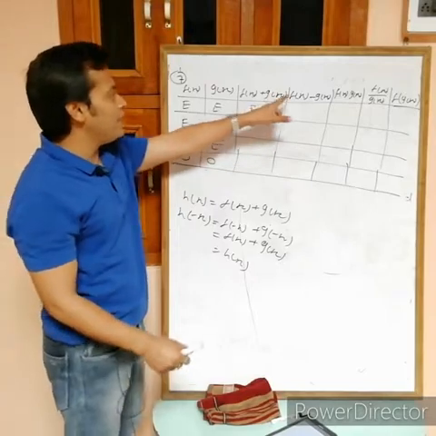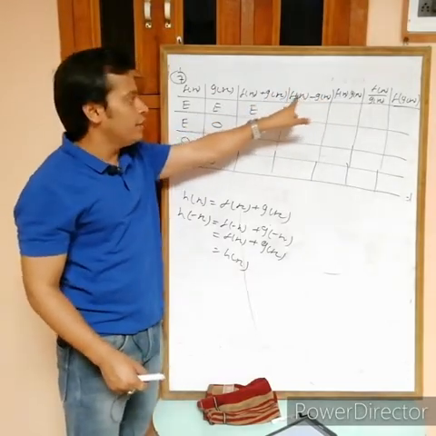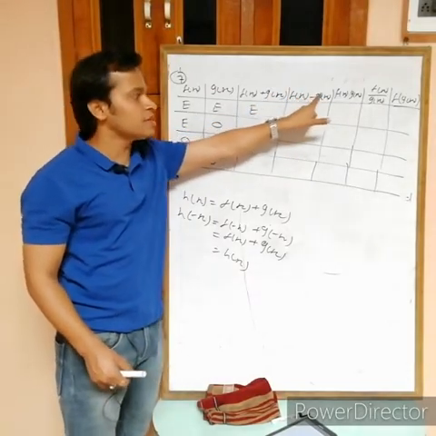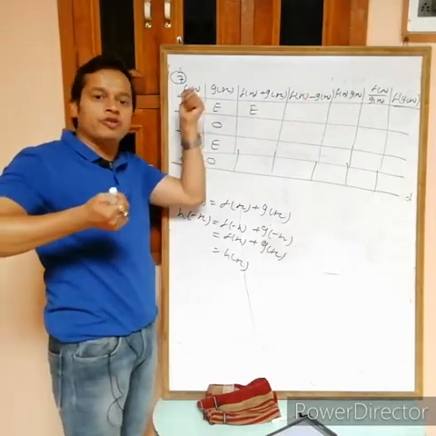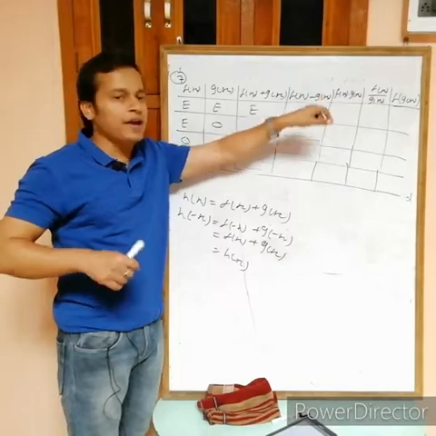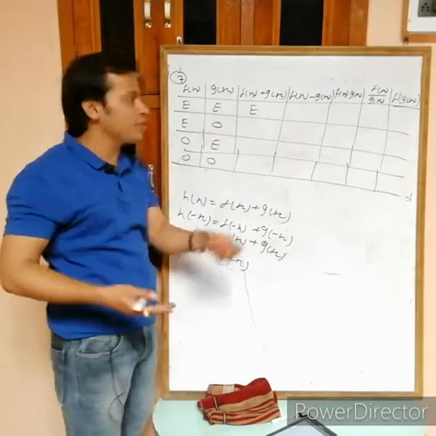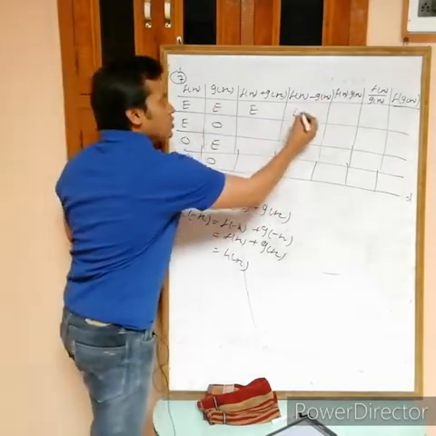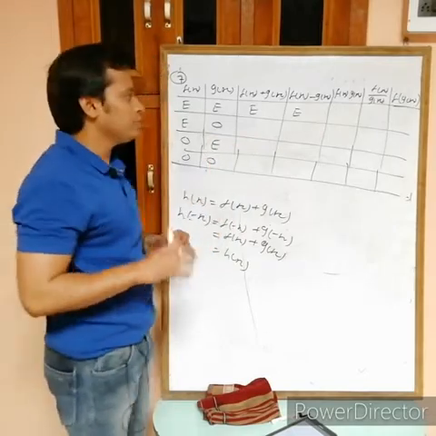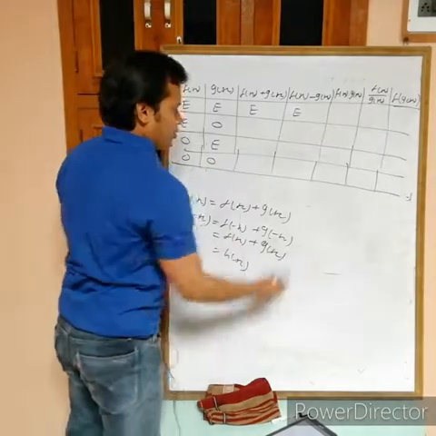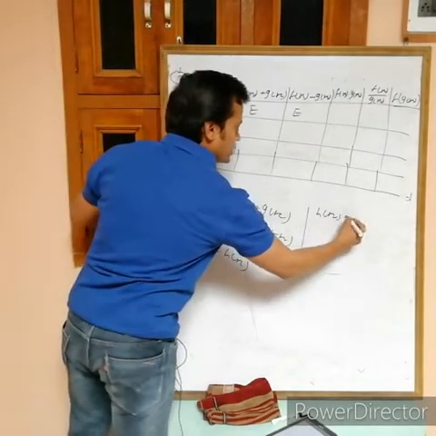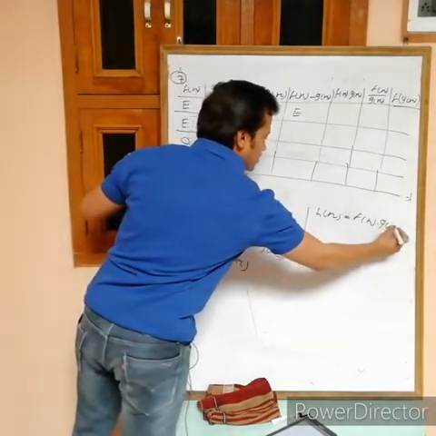Similarly, if you replace x with minus x in this one, then f of minus x, g of minus x. f of minus x equals f(x) because f(x) is even, and g of minus x again equals g(x) because g(x) is even. So this one also you will get an even function. Okay. Similarly, if you want for this one, then again see, I am assuming this one as h(x), f(x) into g(x).